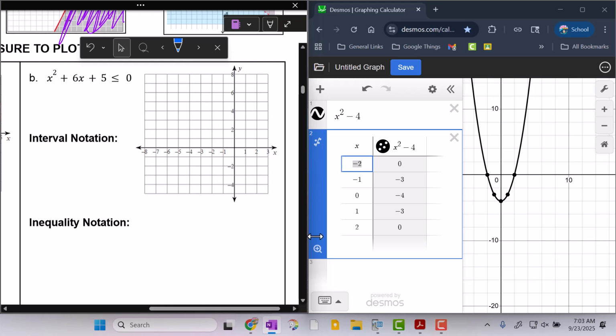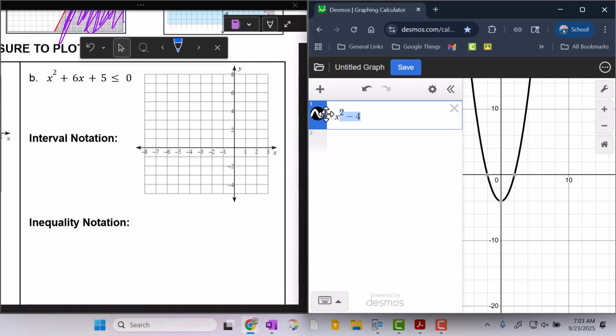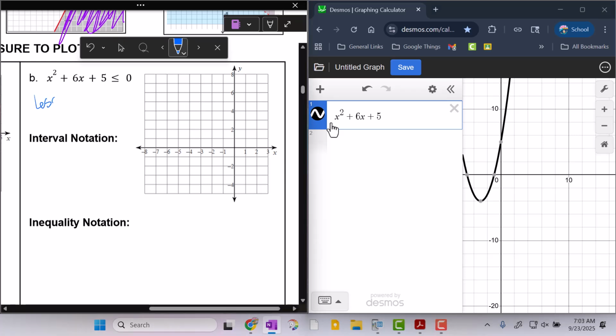We got another one, a little bit more complex quadratic, but nothing that'll kill us. So we have x squared plus 6x plus 5. Again, we want to see less than 0, so it's our negative interval like we did in the first chapter. Let's get some points here.